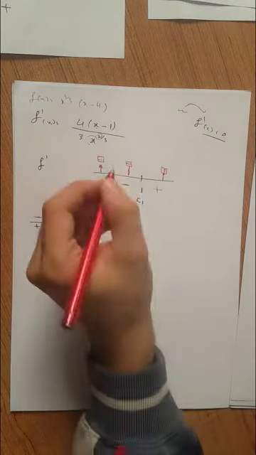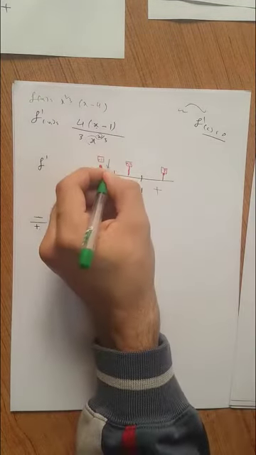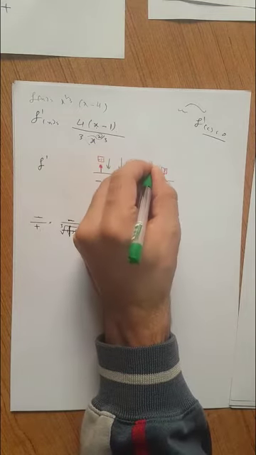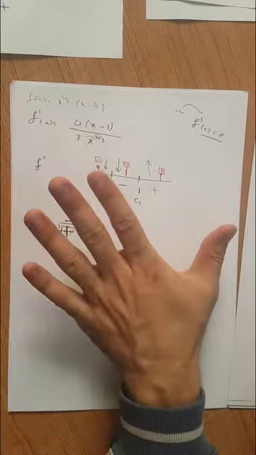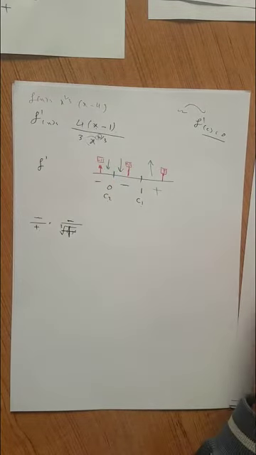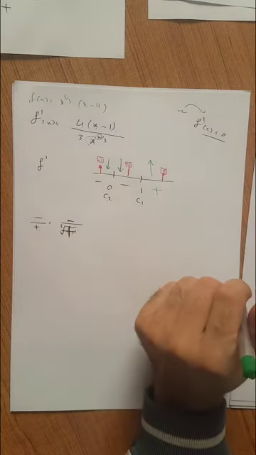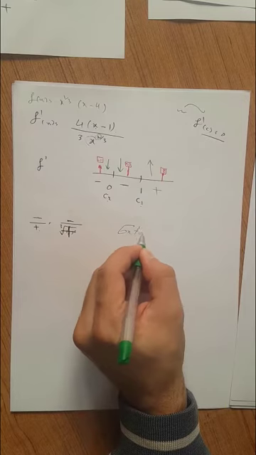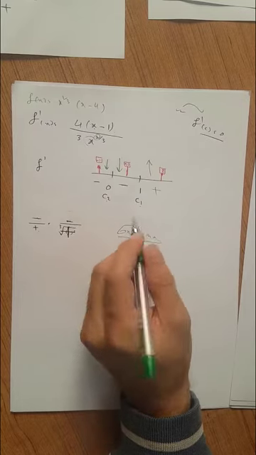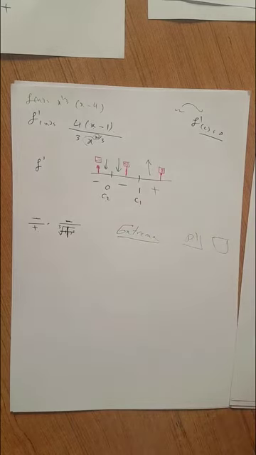So the function here is decreasing and then increasing. In the test also, you can do the same thing that I made here. So tell me about the extrema points, as we mentioned on page 11. You have a box about the extrema points.